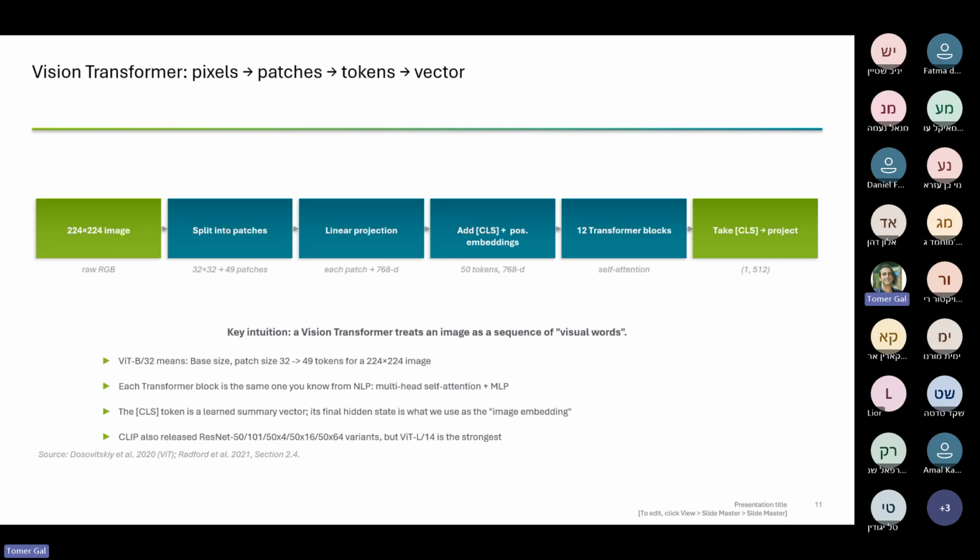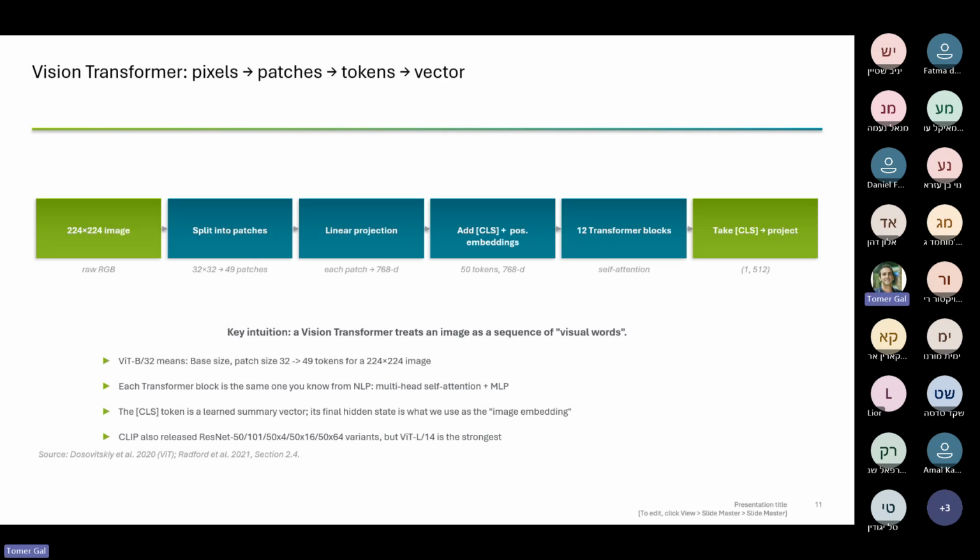For the image that we just described, if we divide by 32 on each one of the dimensions, we get 7 by 7, so 49 patches. Each patch gets flattened and linearly projected to 768 dimensions. This is the visual token.